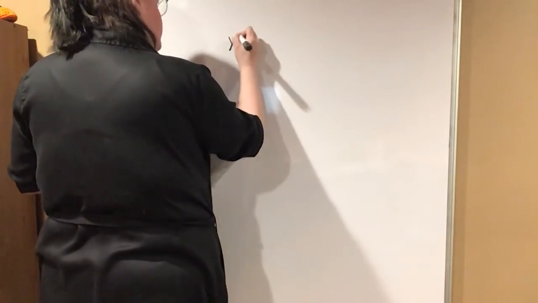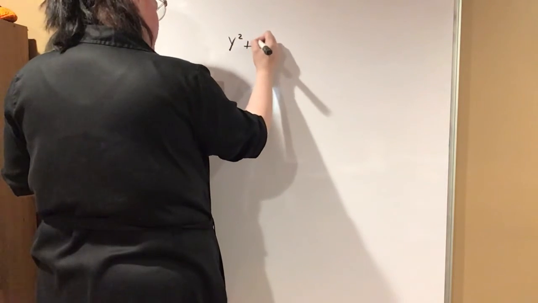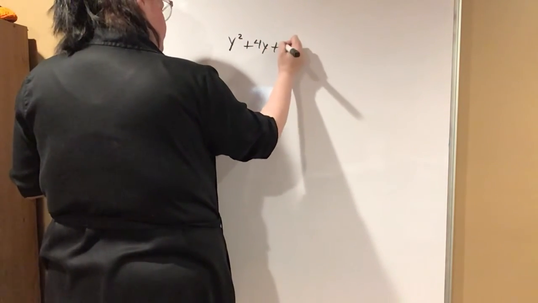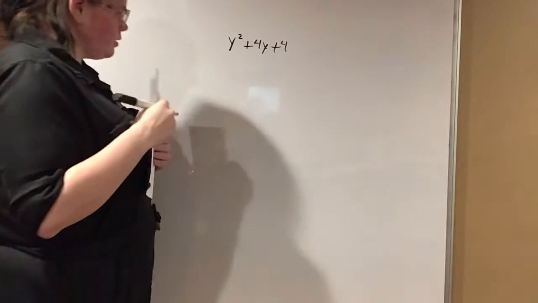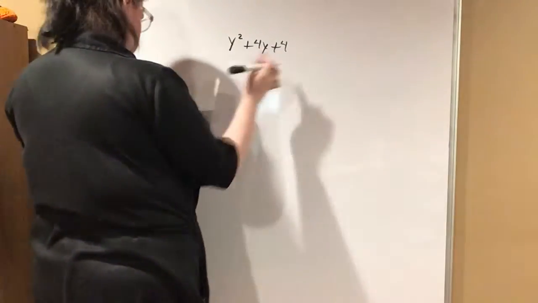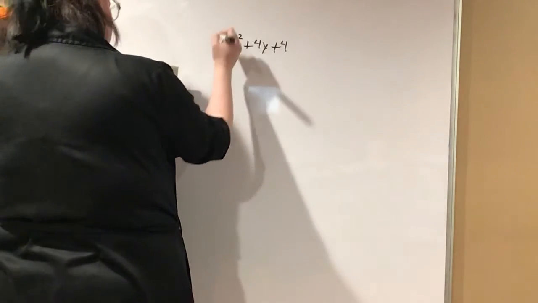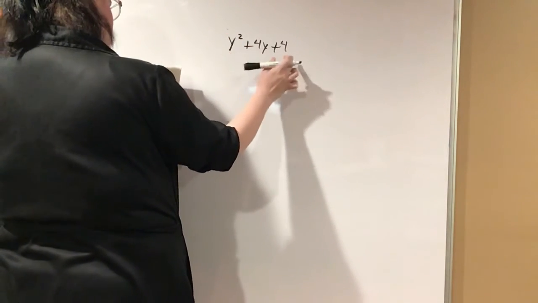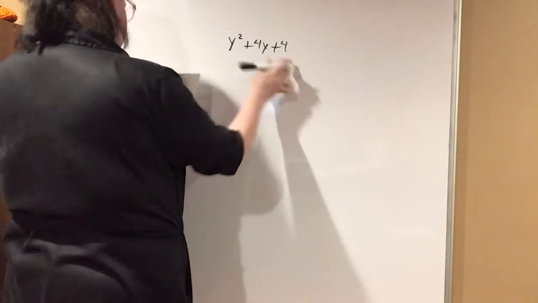Okay, so what if we want to factor special cases? So I'm given this y squared plus 4y plus 4. I can see already perfect square, perfect square, perfect square. My a in this one is 1, my b is 4, and my c is 4.